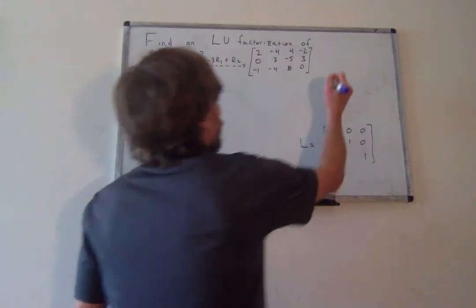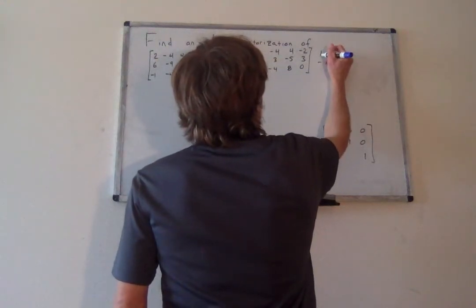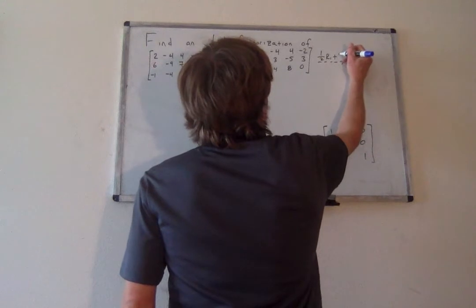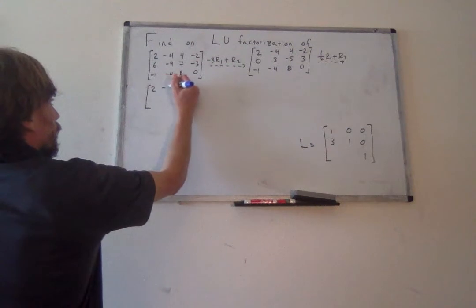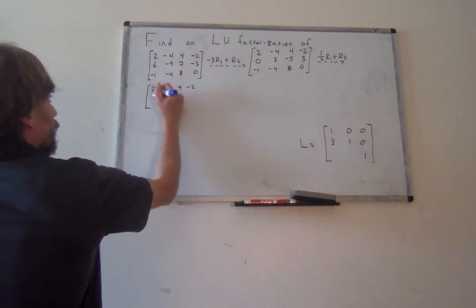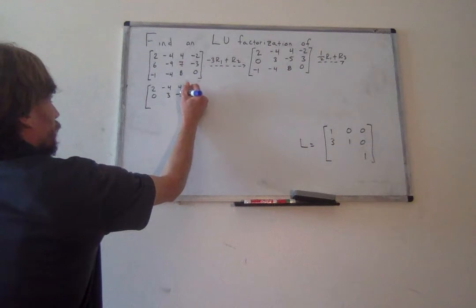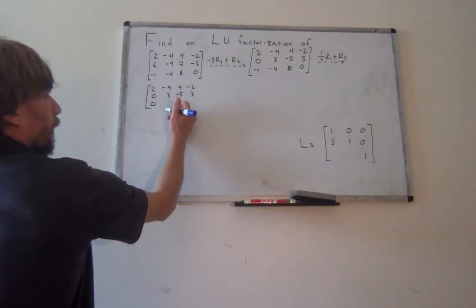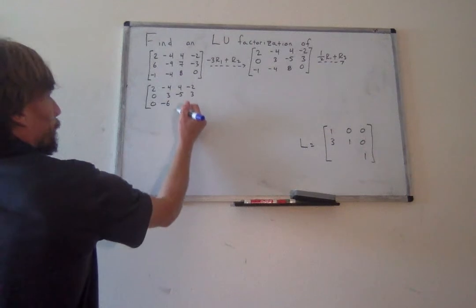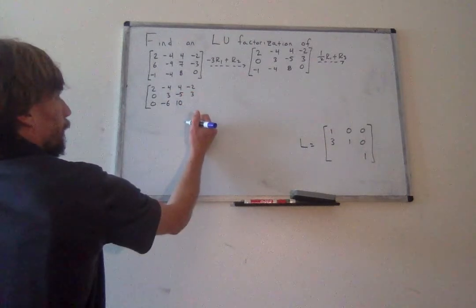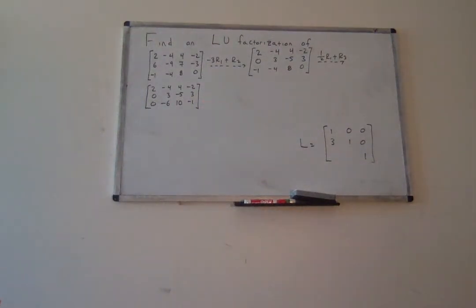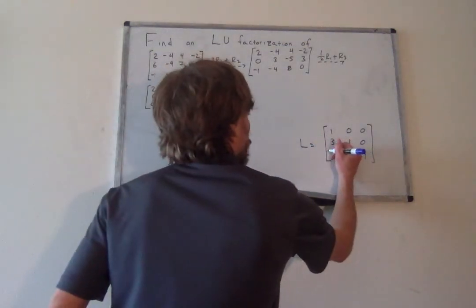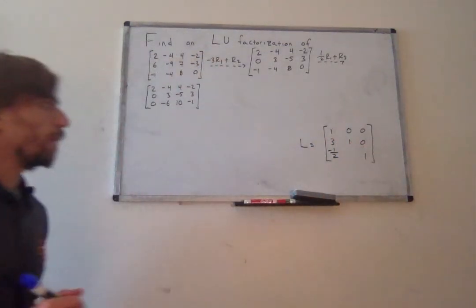All right, so next up, I'd want to do 1/2 R1 plus R3. If I were to do that row operation on this matrix, I'd want a negative 1/2 there.